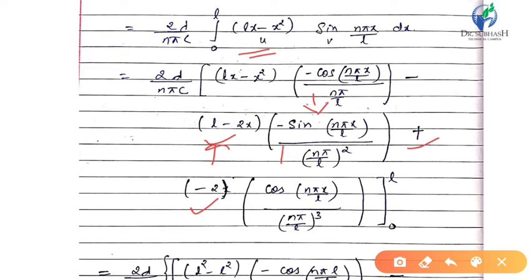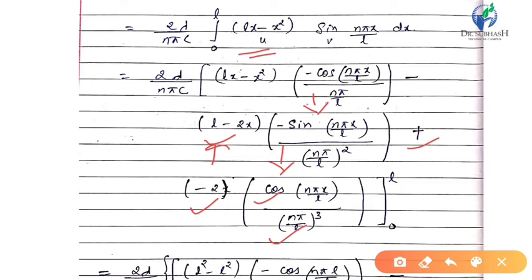Now I will again integrate. Integration of minus sine is plus cos, so I am getting cos(nπx/L), and the denominator will become cubed. Now here integration is over.